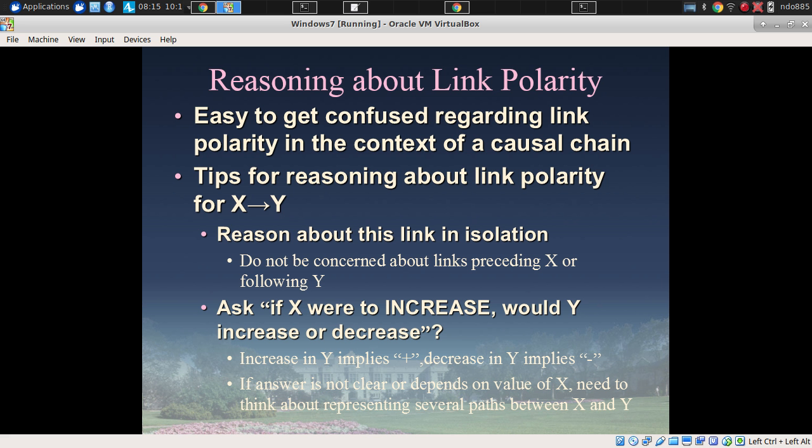For thinking about assigning the polarity, most people, because humans are known through experimental psychology to be quite poor at reasoning about double negatives and so on, most students, and I would put myself in there, tend to find it easier to figure out the polarity associated with a given link by thinking about that question: what if A were to increase? Would it lead to an increase or a decrease in B?